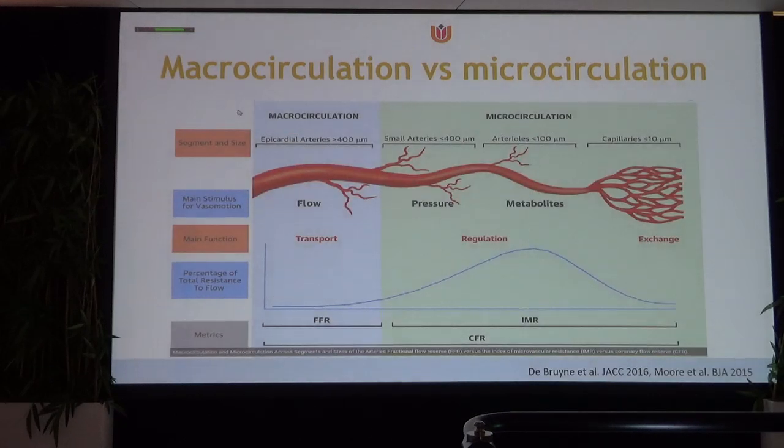So when we look at the macrocirculation versus the microcirculation, this is an example of a coronary artery and the microcirculation of the heart. We see that flow, pressure and metabolites can influence the microcirculation, and not everything is indeed under our direct control.